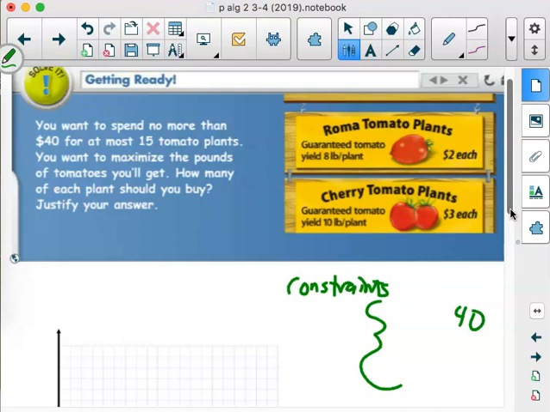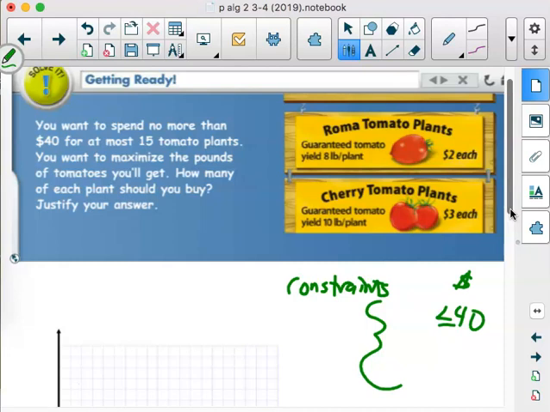Are you willing to spend more than 40 bucks? No. Exactly 40? That would be okay. So less than or equal to 40. Now remember, this one was all about money. So we need to go find something else about money up here that involves the Roma and the cherry tomatoes. Do you see the money? It's in the advertisement, isn't it?